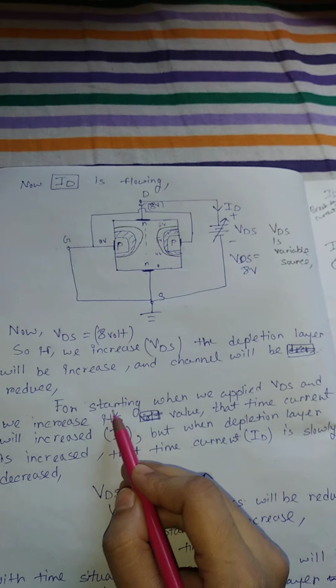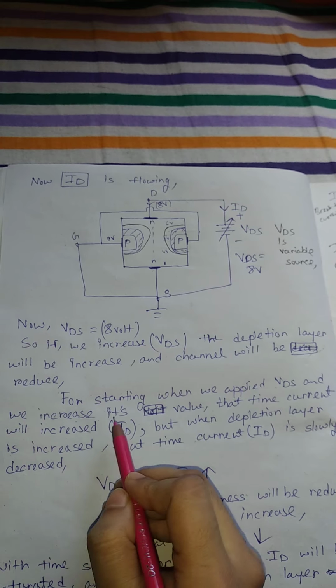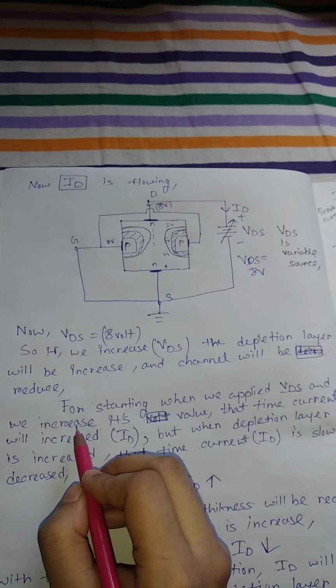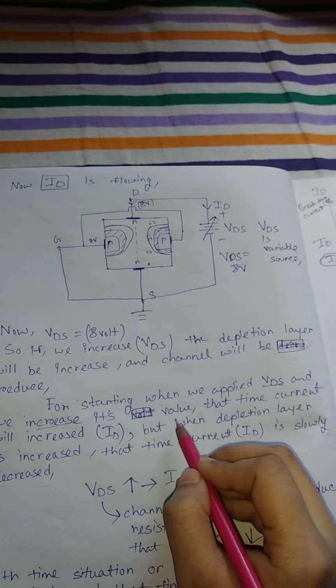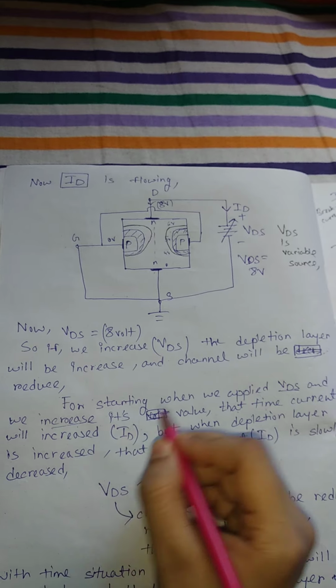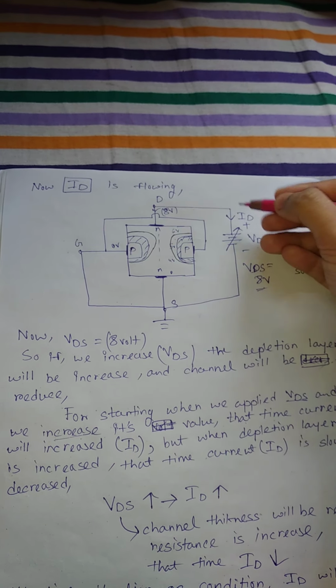When we apply VDS and increase its value, the current will increase. When we apply VDS, 8 volt, the current will suddenly increase.